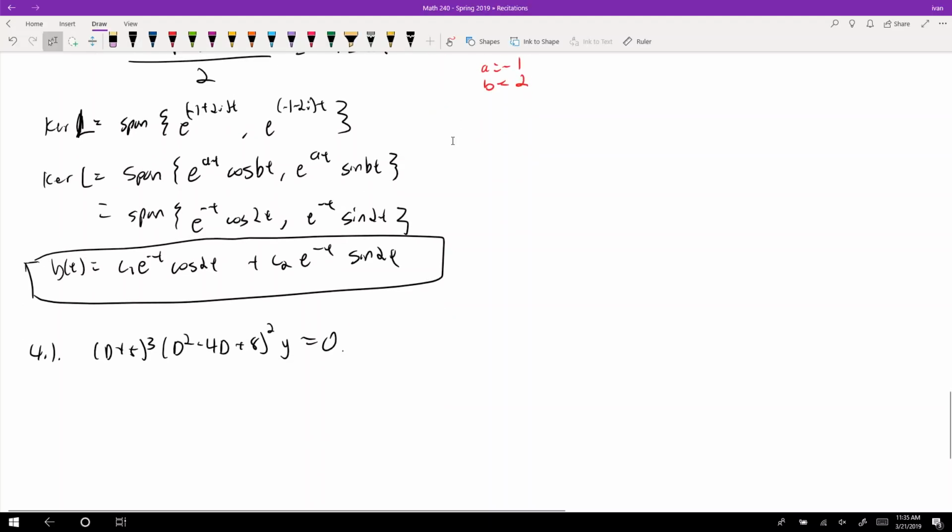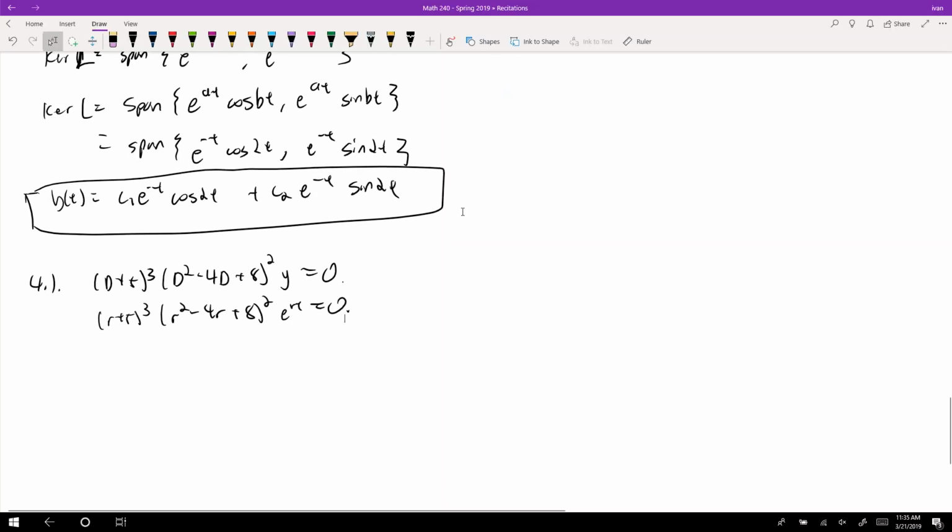So we already gave it to you in this linear operator form. This is really (r plus 5) cubed times (r squared minus 4r plus 8) squared, e to the rt equal to 0. So what are my roots? r is equal to -5 with multiplicity 3, and then r is equal to 4 plus or minus root 16 minus 32 all over 2, so that's 2 plus or minus 2i.